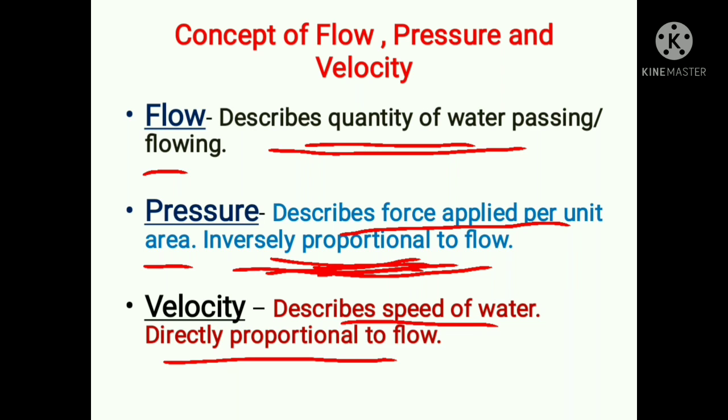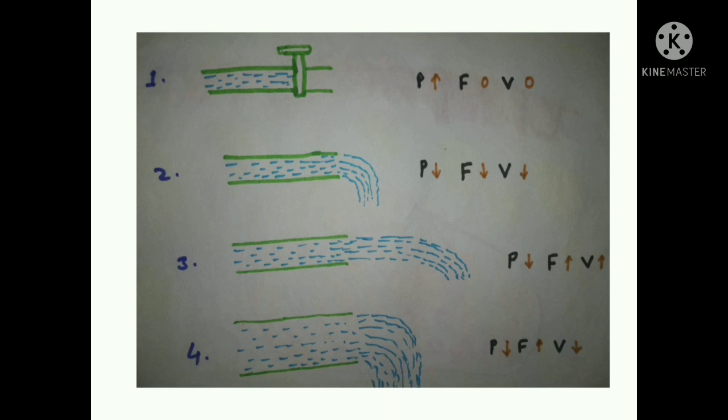Now we'll understand the concept of flow, pressure and velocity through one image. If we see that image, then our concept will be clearer. So this is the image. In this condition, you can see pressure is maximum and flow is zero and velocity is zero.